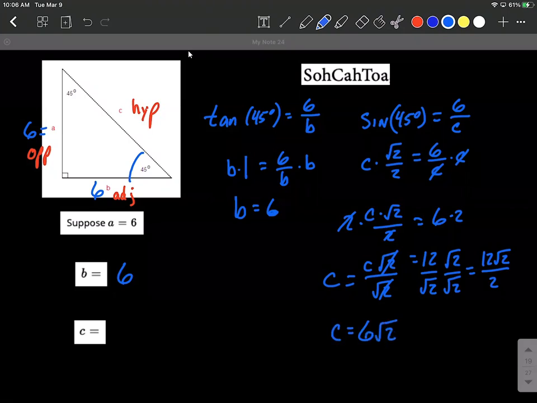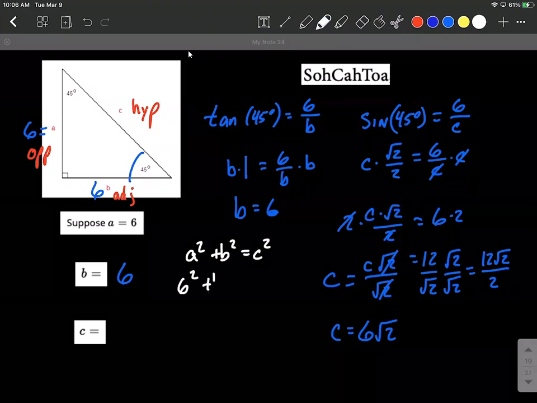Now, an alternate way to do this, instead of using another trigonometric ratio like I chose to do, would have been using the Pythagorean theorem. A squared plus B squared equals C squared. So we have A is 6, B is 6. So we have 36 plus 36 equals C squared. That's 72 equals C squared.